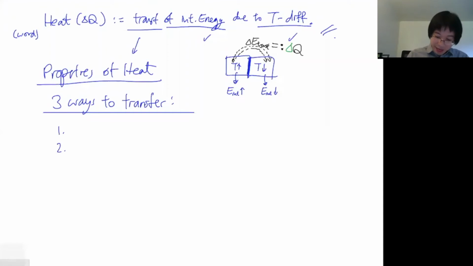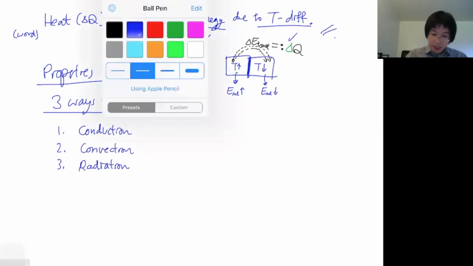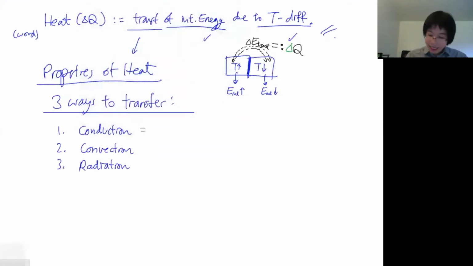So three ways: conduction, convection, and radiation. These are pretty simple, so I'm going to go pretty quick. Conduction is by material contact. Convection is by material transport.